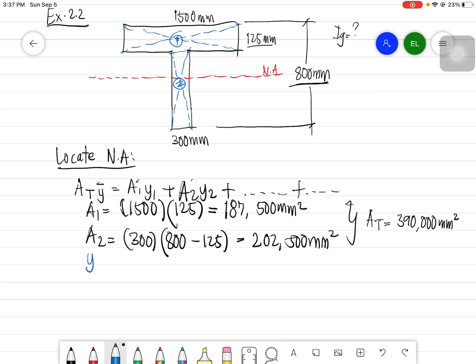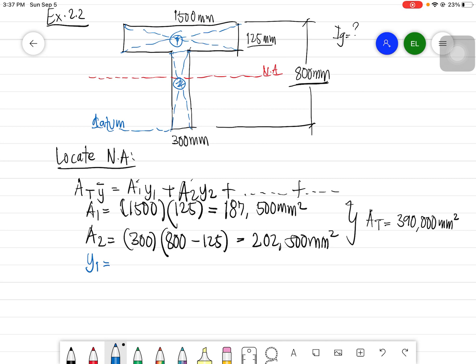So for y1, our datum will be here at the bottom. You may also choose the extreme compression fiber, or the top portion of your T-beam, as your datum.